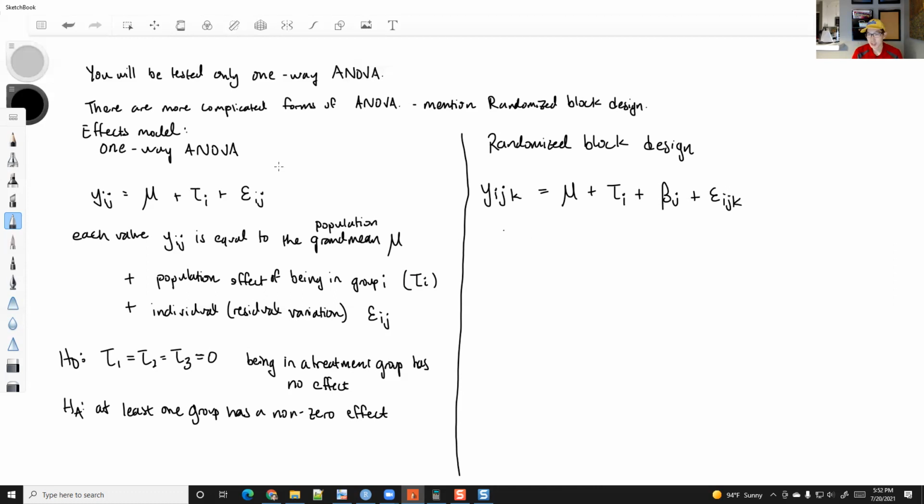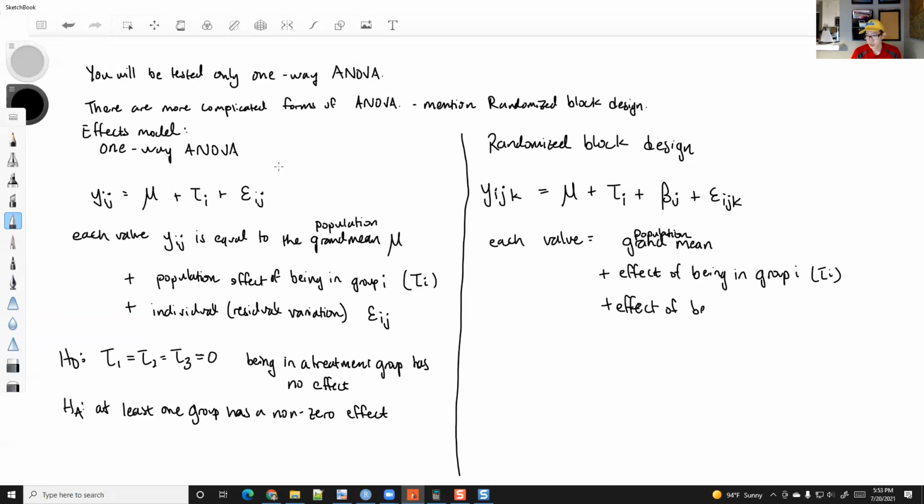Each value equals the population grand mean, plus the effect of being in group i, that's tau i, plus the effect of being in a blocking group.